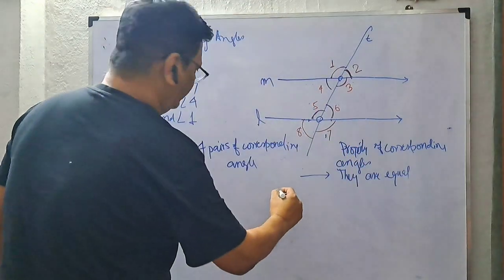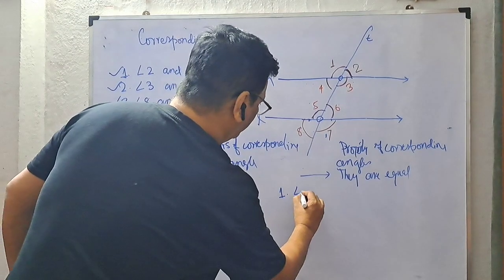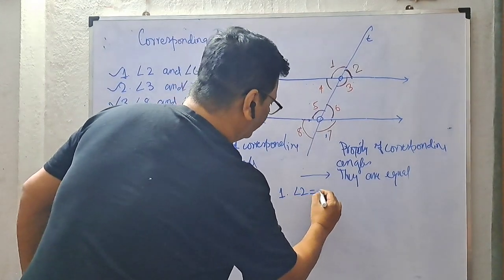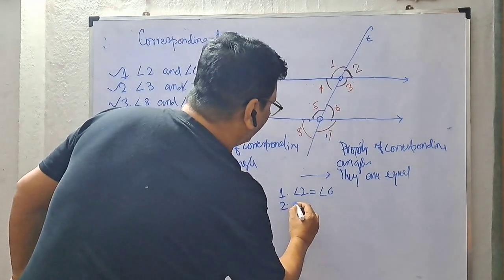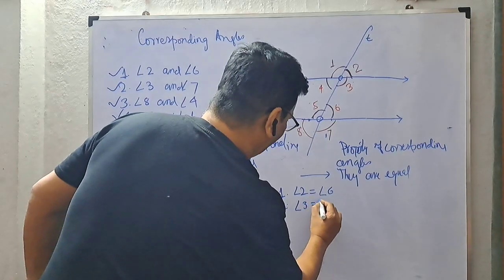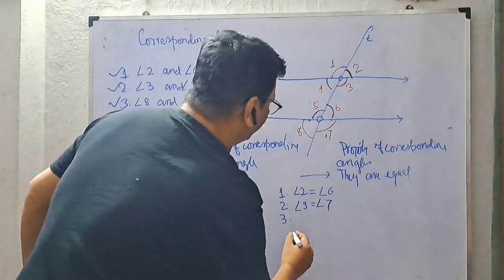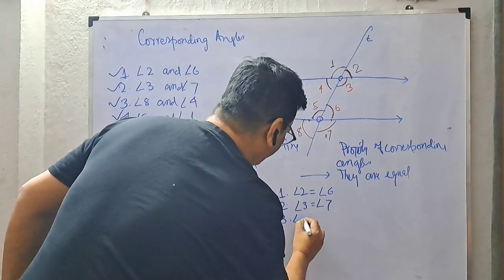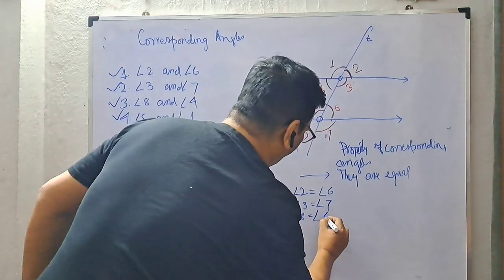So we can write number 1, angle 2 is equal to angle 6. Number 2, angle 3 is equal to angle 7. Number 3, angle 8 is equal to angle 4.